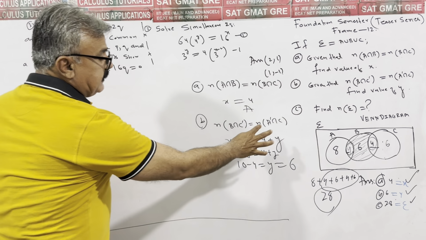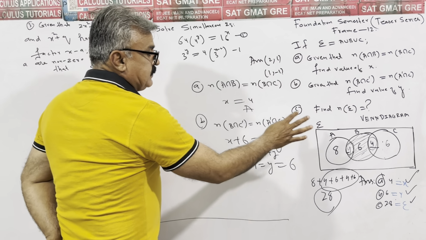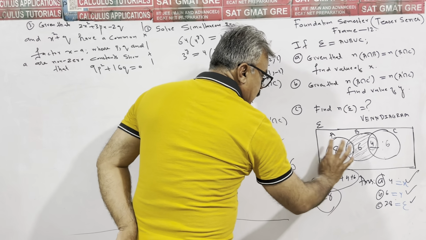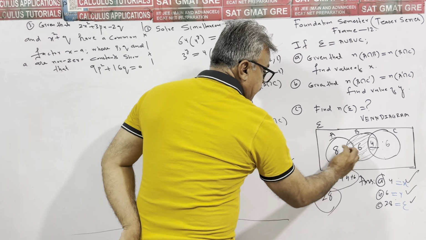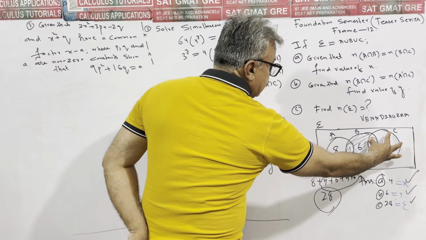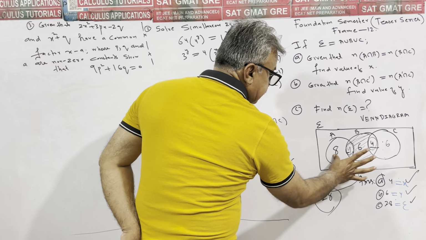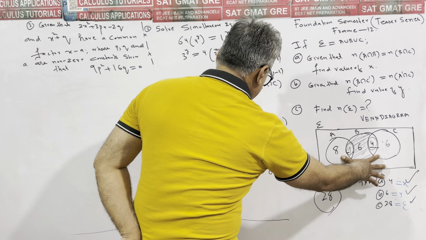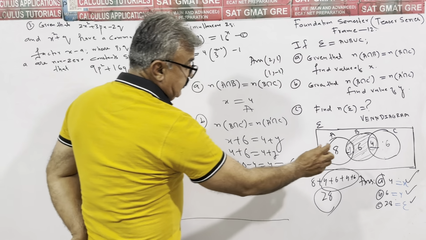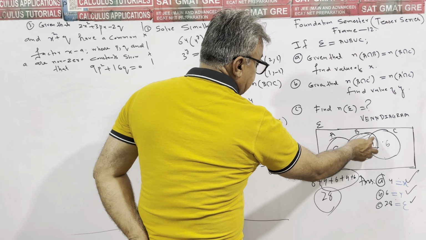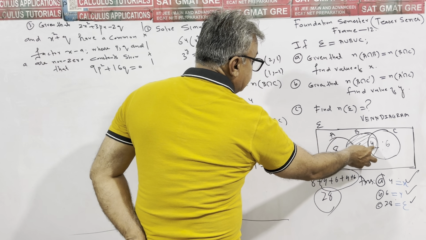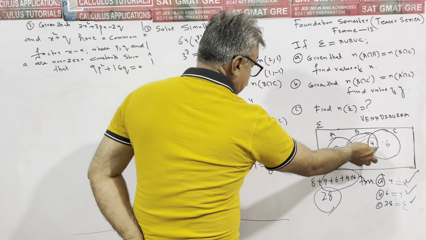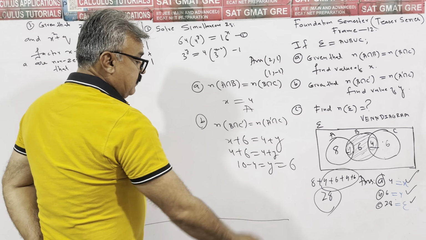And for A complement intersection C, we have to restore C completely, because except A the rest is A complement, and A and C have no overlapping portion. In the case of B and C, they have an overlapping portion, so we have to take care of this: we don't have to restore 4 for B intersection C complement.